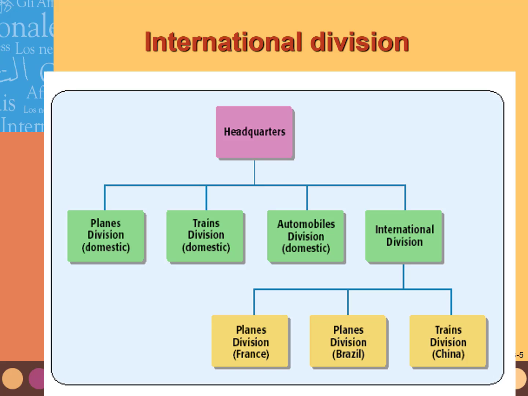Under international, you break off into planes, trains, and automobiles, and also by country. So in your international division, you could have 10 plane divisions, 14 automobile divisions, all for different countries, all under that international division.